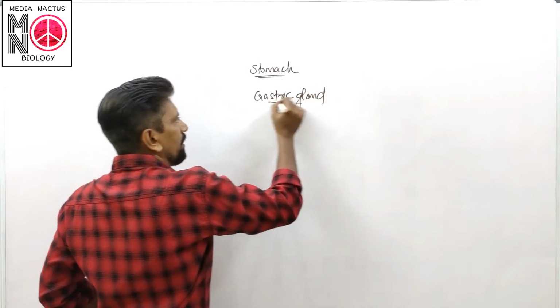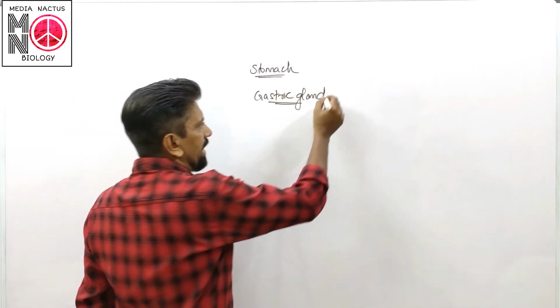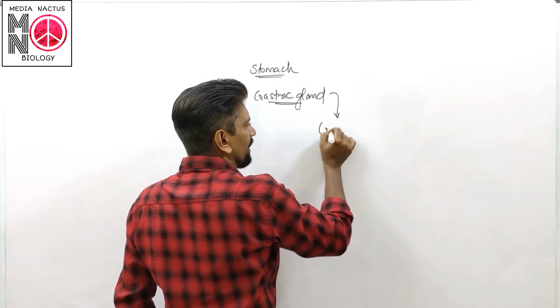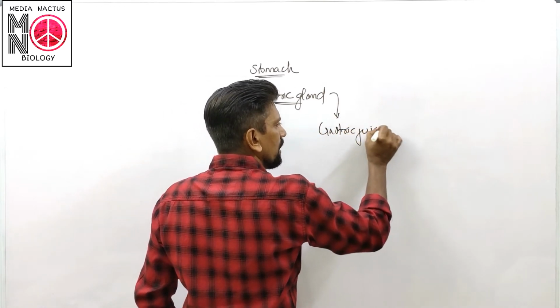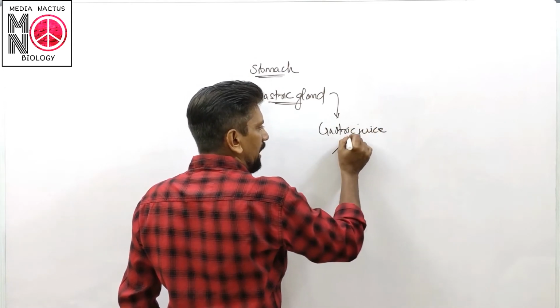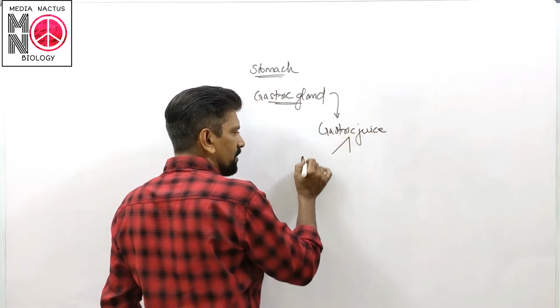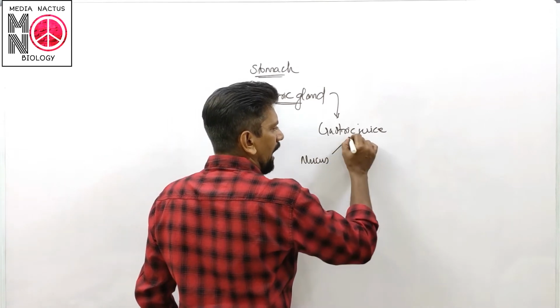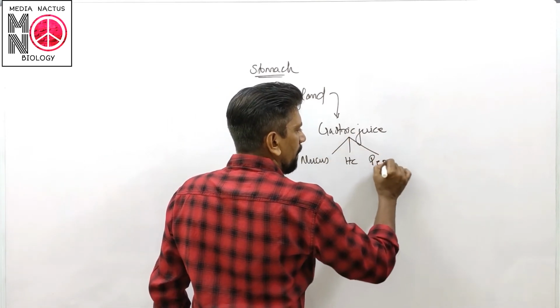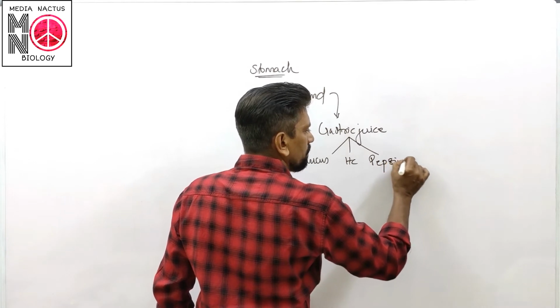The gastric glands produce a secretion known as gastric juice. The gastric juice mainly contains mucus, HCl, and pepsinogen.